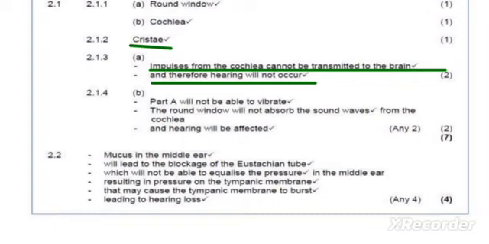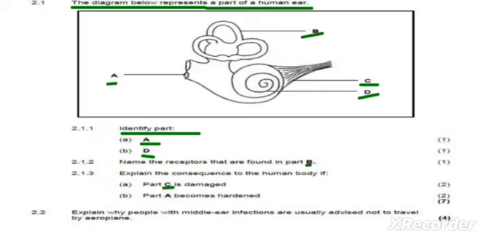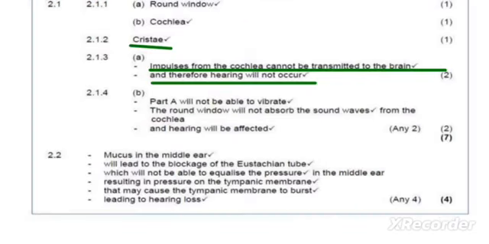So let's look at the next question. It says, what will happen if part A becomes hardened? If part A becomes hardened, you know the functions of the round window, right? It vibrates, and it absorbs the sound waves from the cochlea. So what are you going to say?